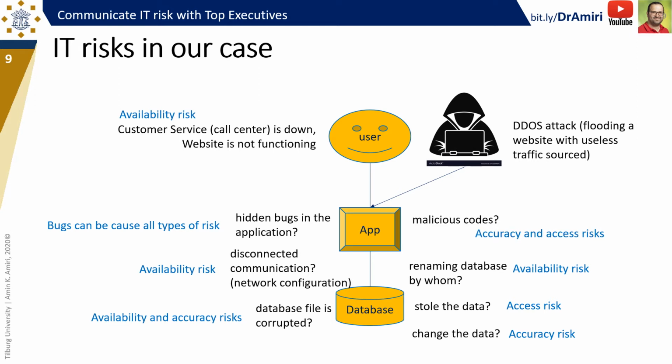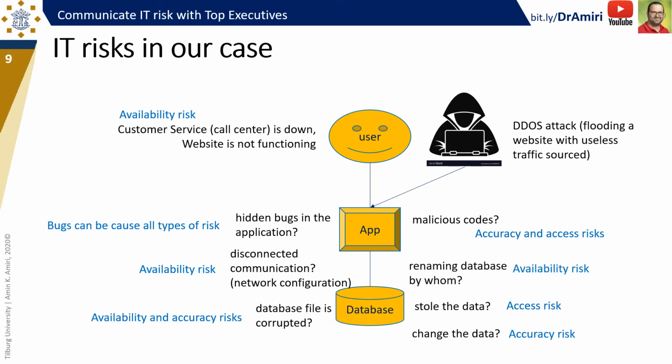When they explained malicious code, they also talked about the effect of that on access risk and accuracy risk. They explained that this malicious code can allow the hacker to come back again and have access to the data. They also mentioned that perhaps this malicious code can change the data.